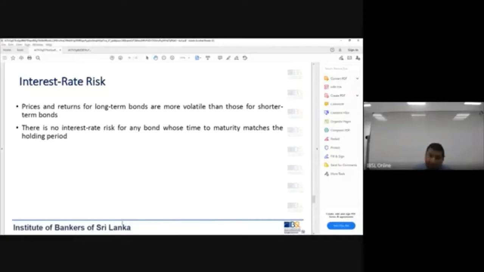Okay, so then the interest rate risk. This is also an interesting element where interest rates do not remain the same all the time. It changes.